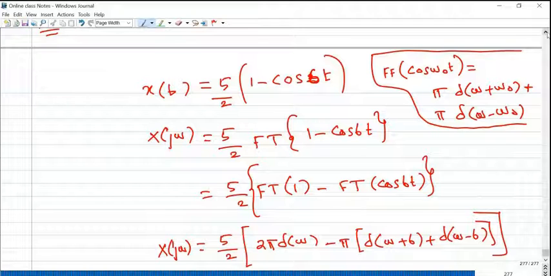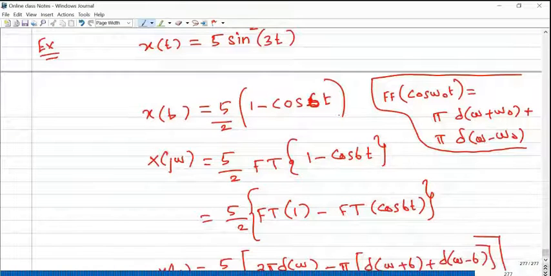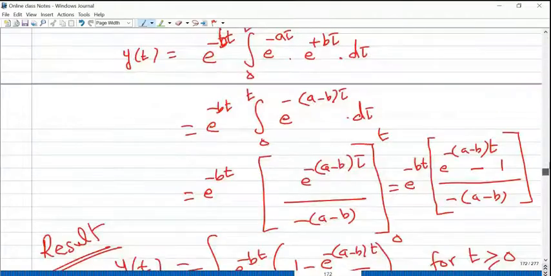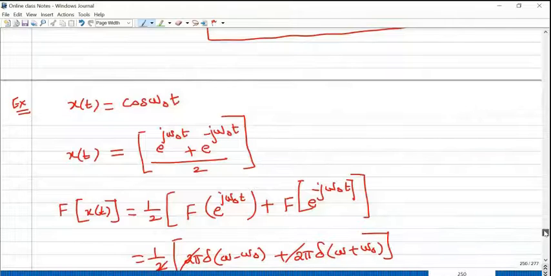Okay. So the Fourier transform of 5 sin²(3t). First step, expand sin²θ = (1 - cos 2θ)/2. And then remember the formulas of the Fourier transform.